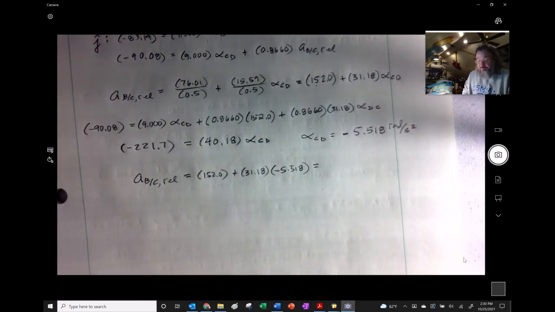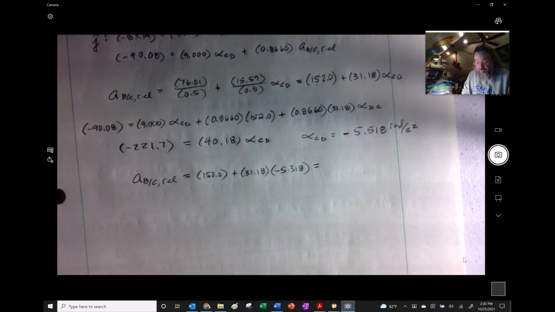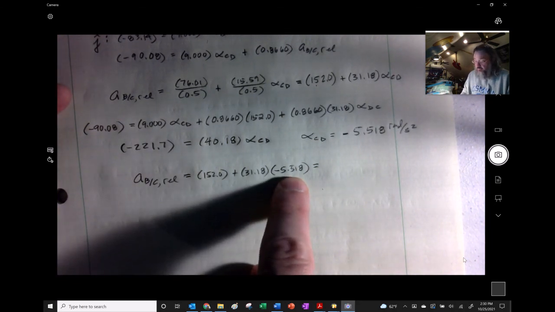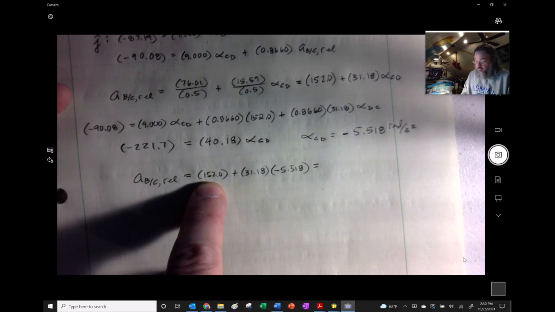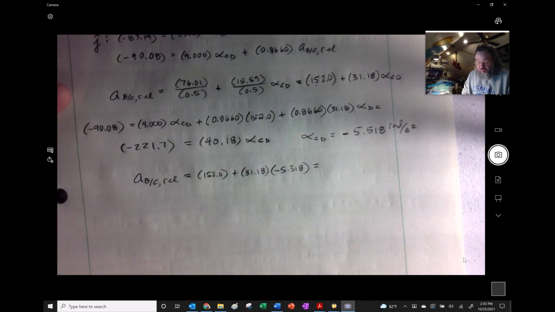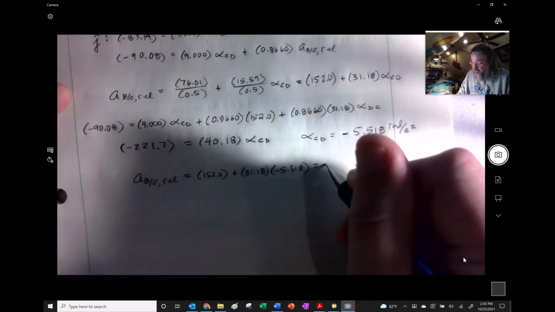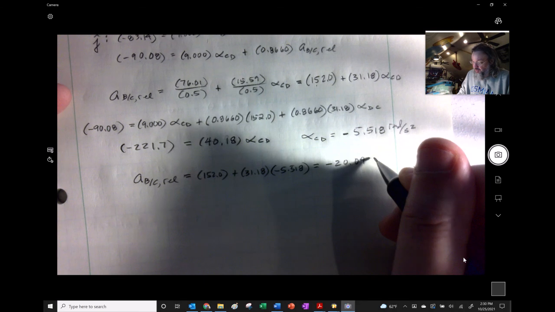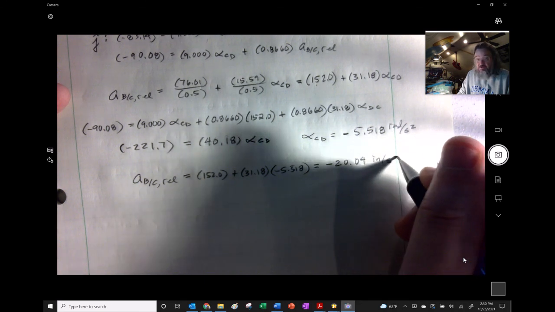And so what does it turn out to be? 31.18 times him. That's a negative, and we have 152, right? So we end up with a negative 20.04. This should be inches per second squared.